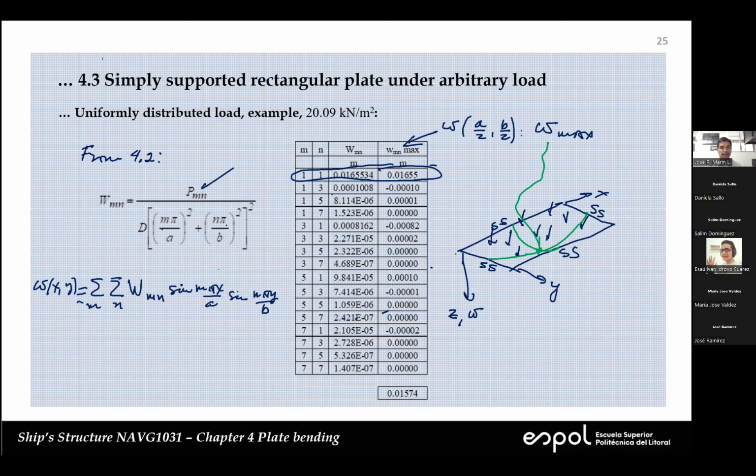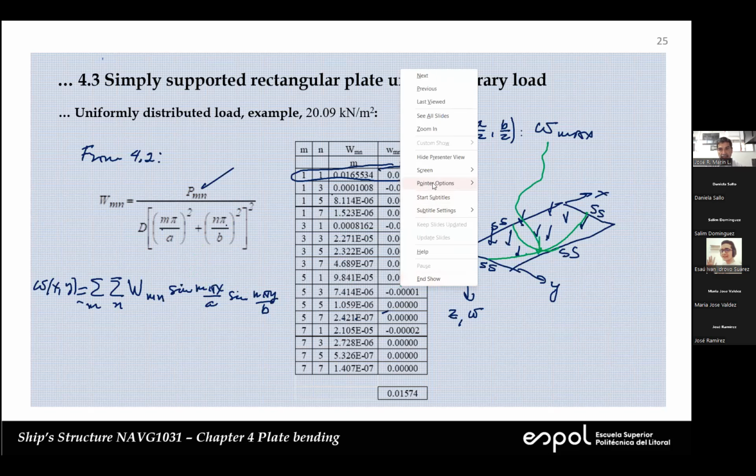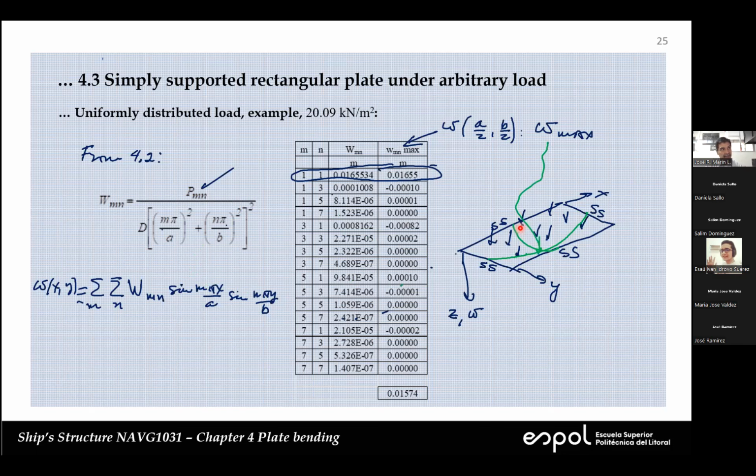You can evaluate the slope. That's something we're going to discuss in a minute. We can evaluate the slope here. There's a slope in the X direction, it's going to be 0. There's a slope in the Y direction, it's going to be positive or negative.